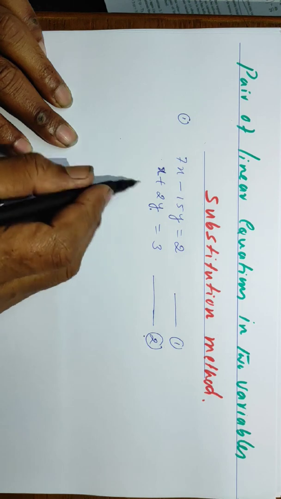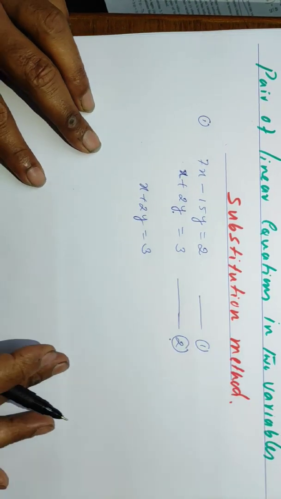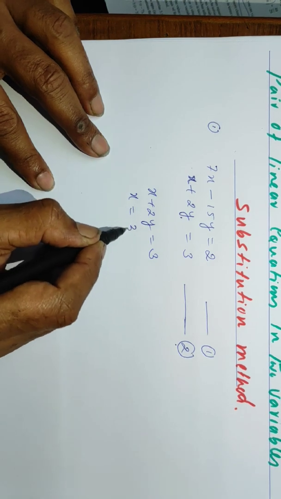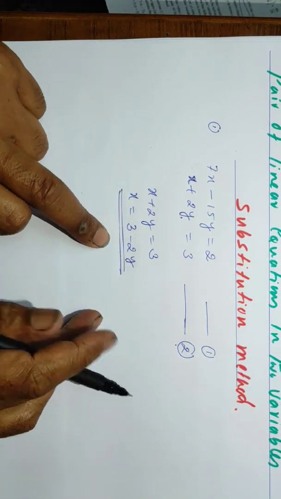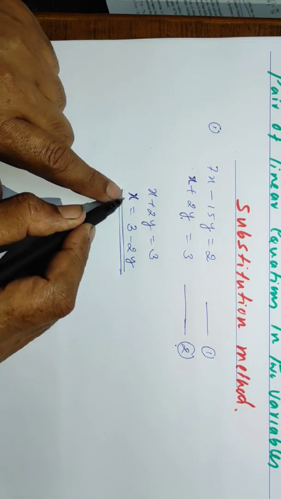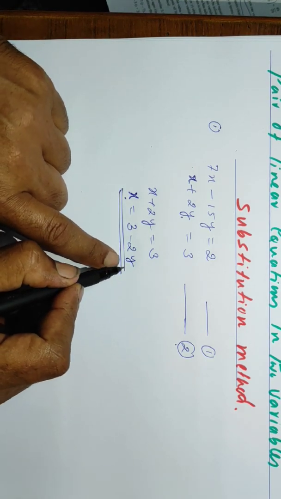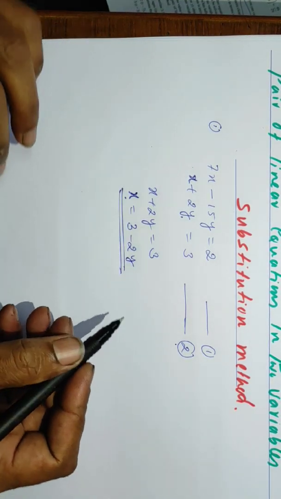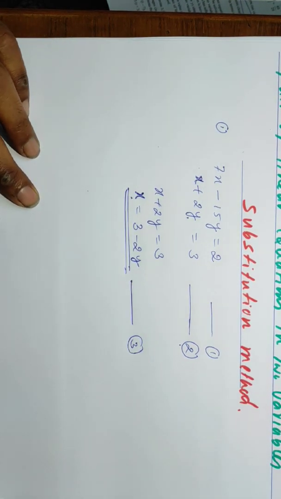This is the first step. x plus 2y is equal to 3, so x equals 3 minus 2y. So what I did here, I found the value of one variable in terms of another variable. I call this equation 3.